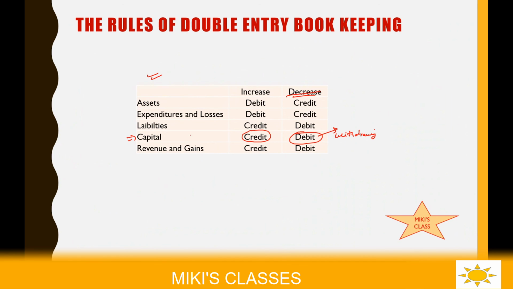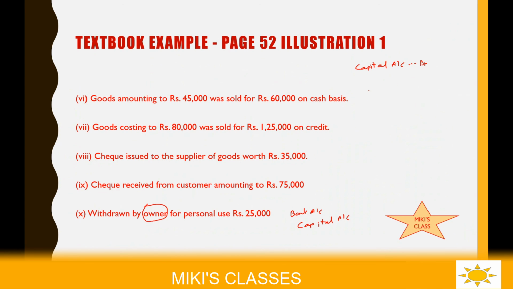We checked just now. Here, it has to be debited. And what happens to the bank account? The bank balance will decrease, right? To bank. Why will it decrease? Because the owner has taken out money from there. How much? 25,000.